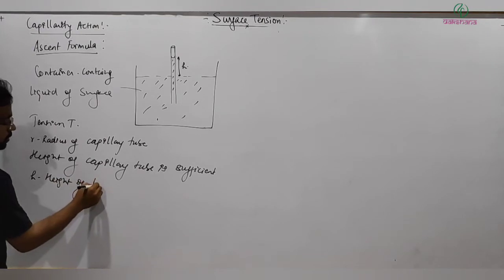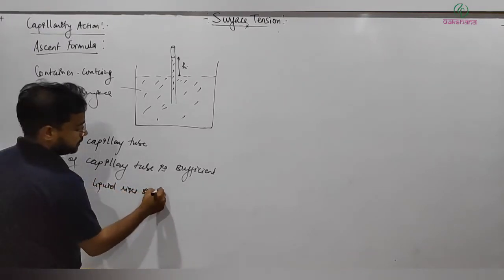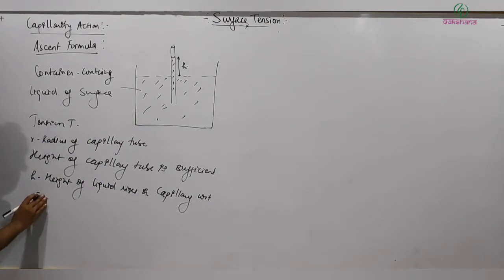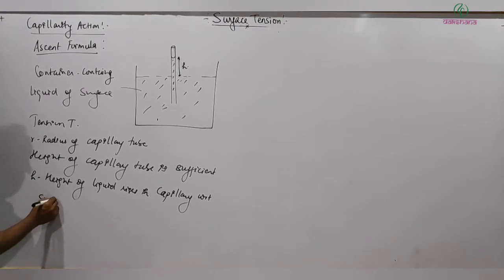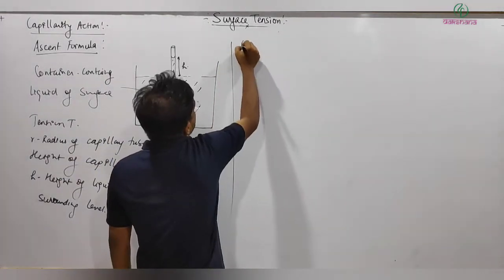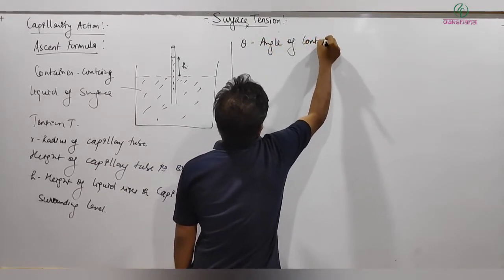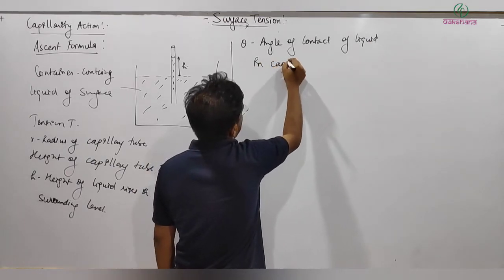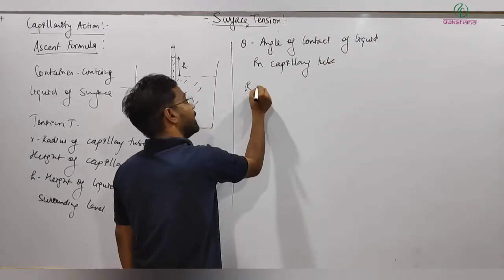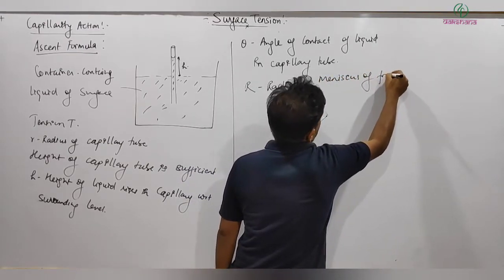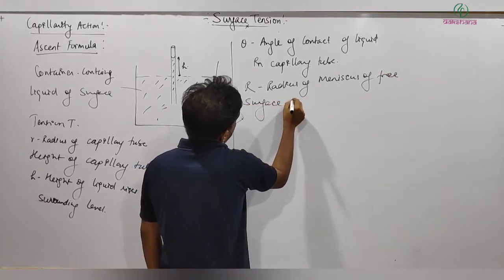h is the height of liquid risen in the capillary with respect to the surrounding level, and theta is the angle of contact of the liquid in the capillary tube, and capital R is the radius of the meniscus or free surface in the tube.